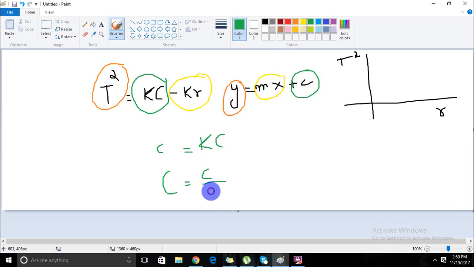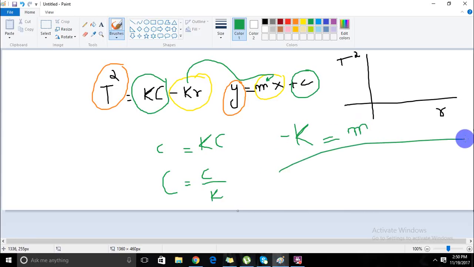And what is k? K is basically the gradient, because from here it is clear that it is the gradient. Minus k is equal to m. So k would be minus m most likely.